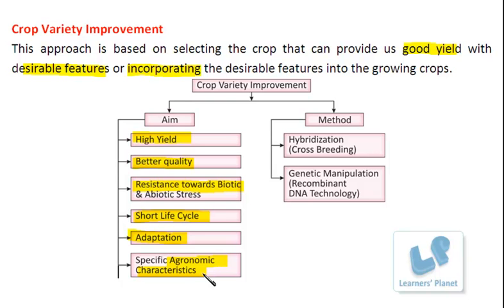Whereas on the other hand, in the case of, let us say, pulses or cereals, there we need a short height but more productivity of the food grains, right? Now why is this short height required in these plants? The reason is that if the height is short, the absorption will be better.